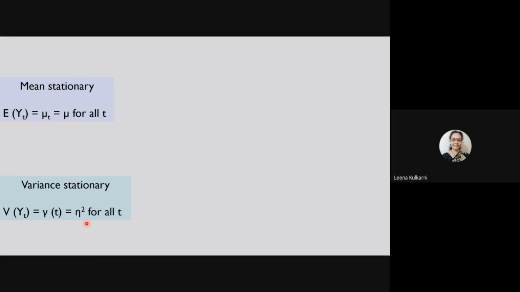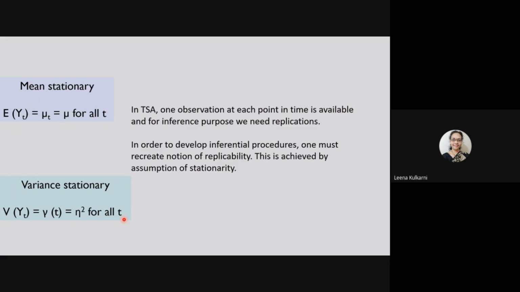Mean stationarity is when the values of the time series over all time points fluctuate or move around the same value, and variance stationarity is when the magnitude of the fluctuations is the same for all time points t. Now, why do we require this assumption of stationarity in time series analysis?